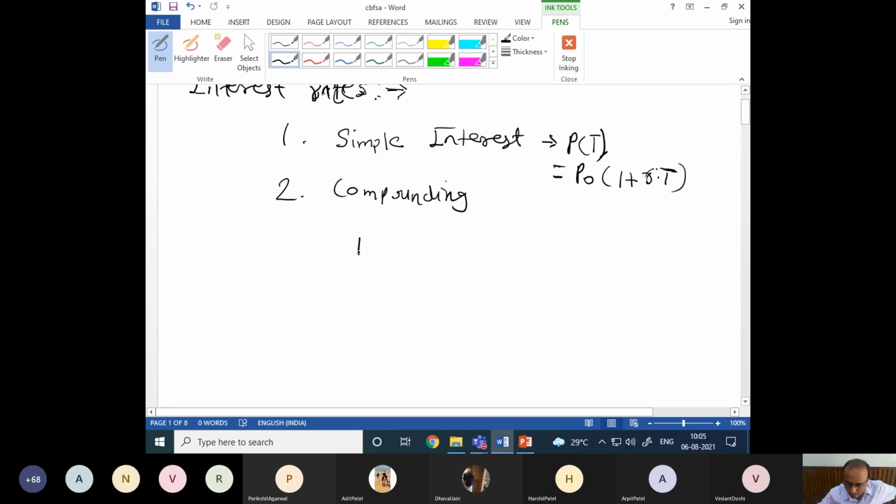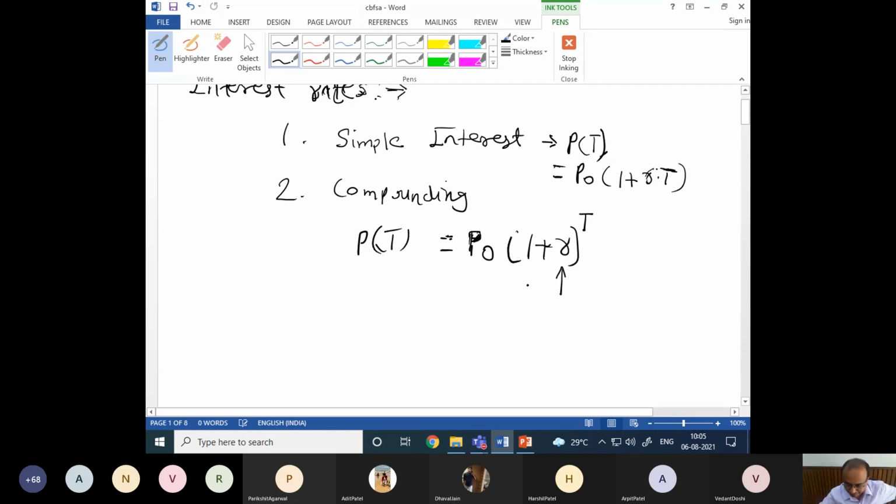In case of compound interest, we have seen a generalized case where P_T is equal to P0 into (1 plus R) raised to T, where this T is the investment period, or the number of years.